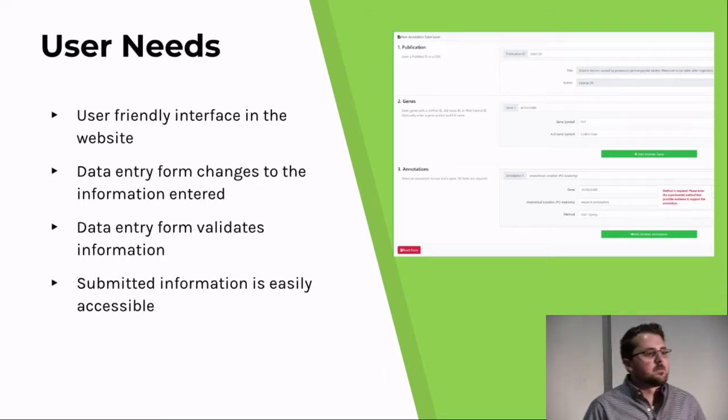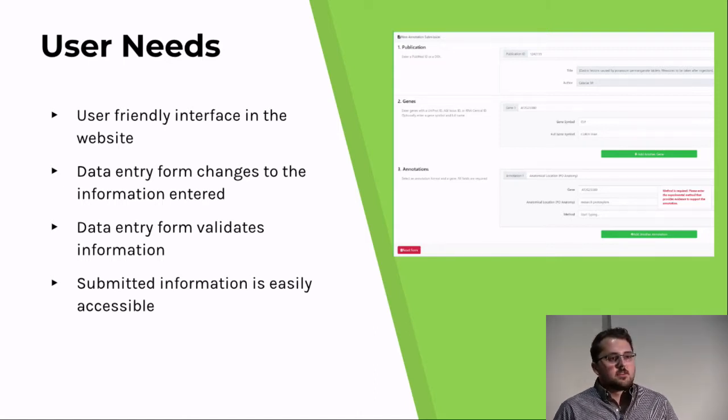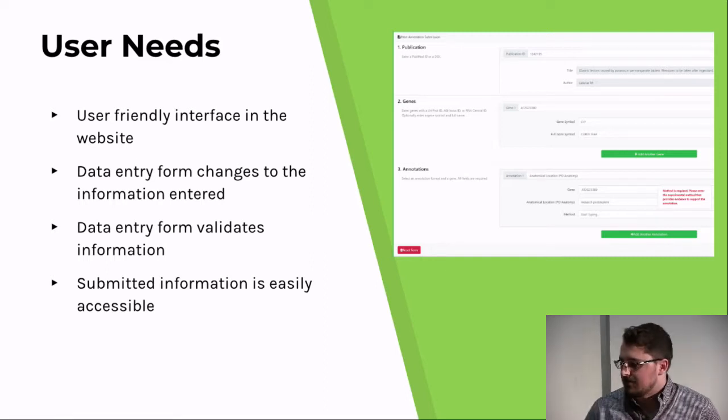So as the researcher is entering the information, it'll guide them along in what needs to be entered. It also validates this information as it's entered to make sure that all of the required information is met. And then once the curator checks that submission and approves it, that approved annotation needs to be easily accessible by other researchers so that they can pull it out and use it for their own research.